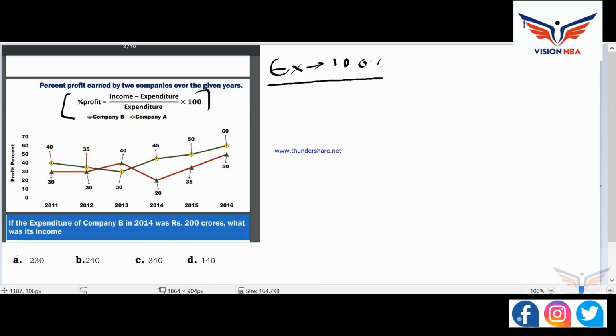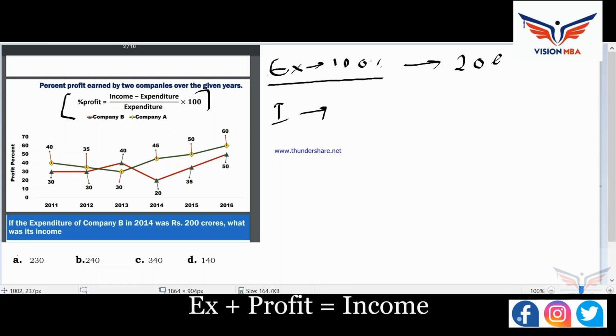Now the first question is, if the expenditure of company B in 2014 was 200 crores, what was its income? Expenditure is given as 200 crore, and we need to calculate income. For company B in 14 the profit is given as 20%.